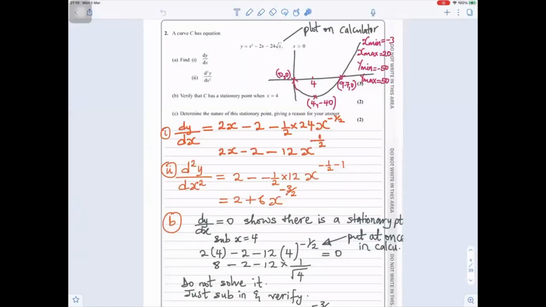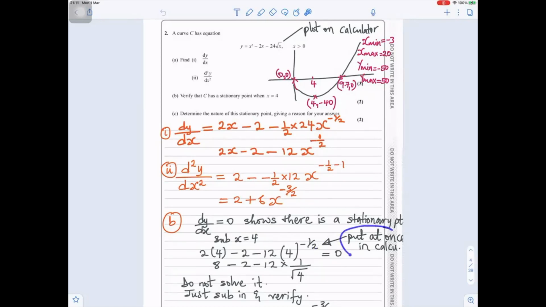Part B, verify that C has a stationary point when x equals 4. At a stationary point, dy over dx is equal to 0. So you can sub in 4 in dy over dx. You got dy over dx from the top there. So you sub in 4 for x. You get 2 times 4 minus 2 minus 12 bracket 4 to the power minus a half.